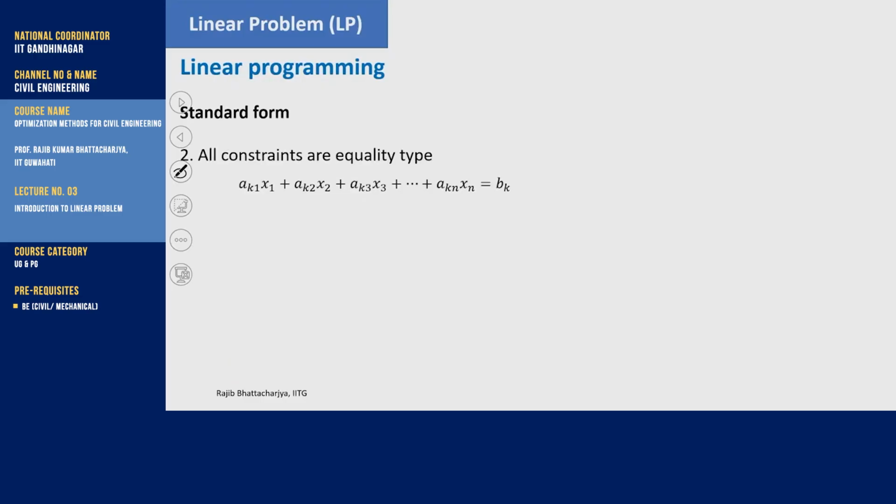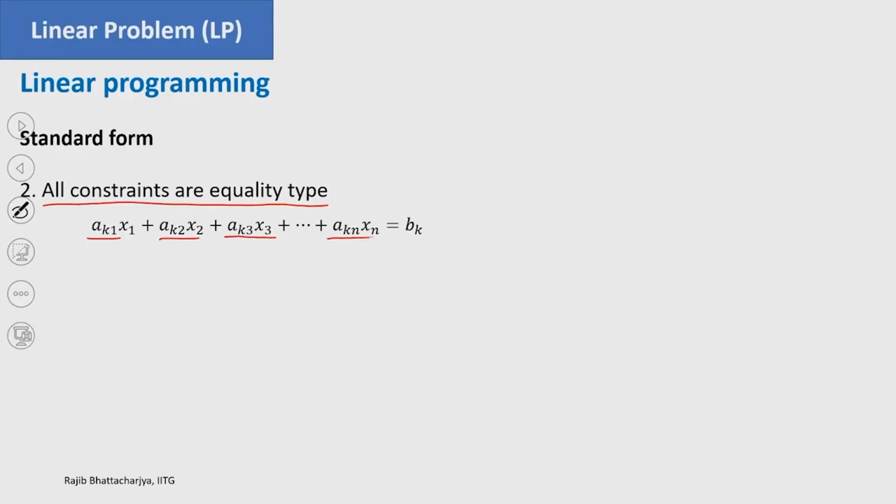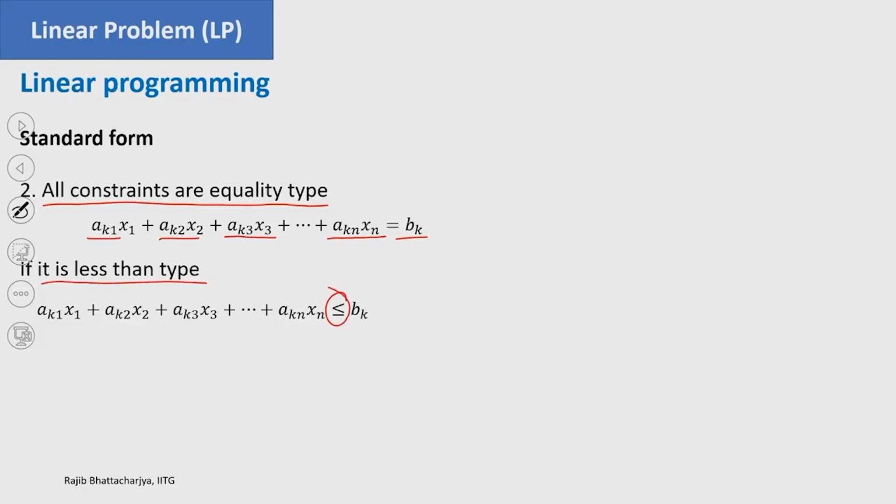The next condition is that all constraints are equality type. So, a particular kth constraint is ak1x1 + ak2x2 + ak3x3 + ... + aknxn = bk. But if your constraint is not an equality type constraint, but a less than or equal type constraint, what do you have to do in order to convert it to standard form? You have to make it an equality sign.